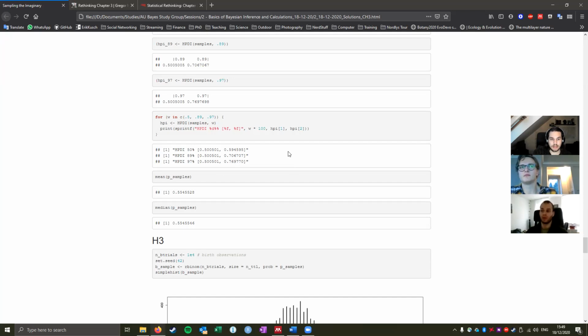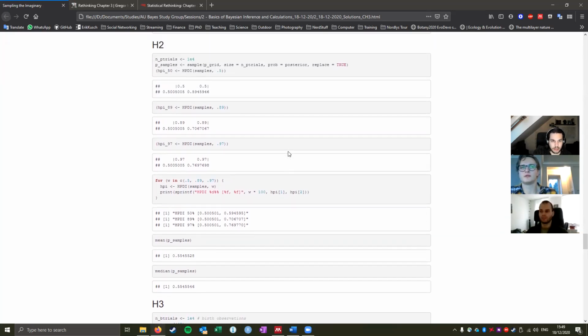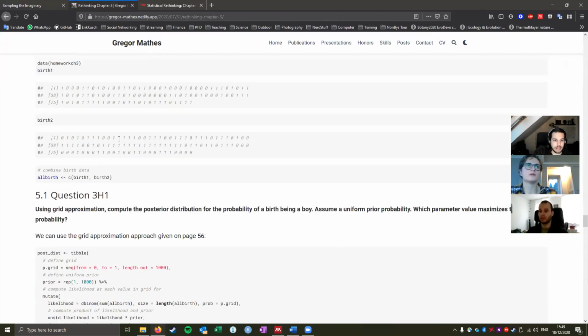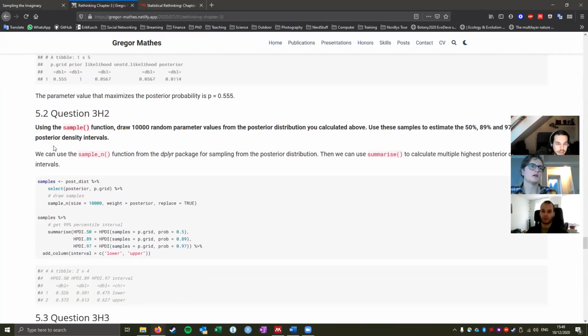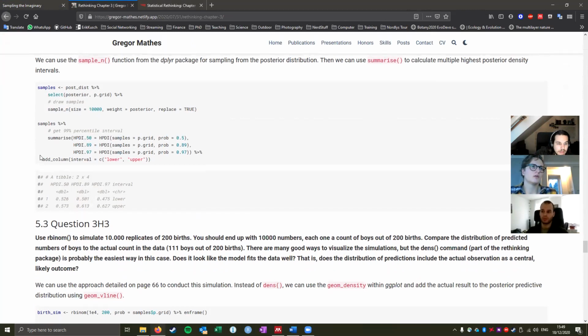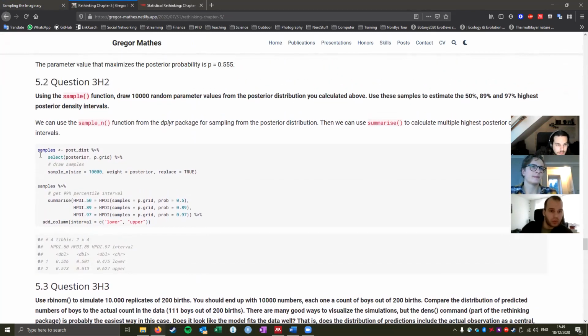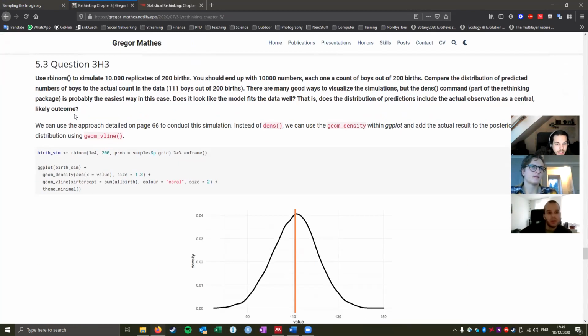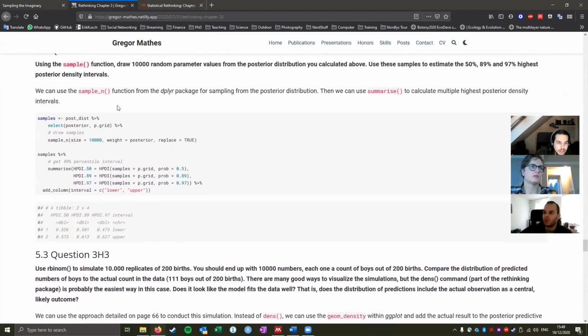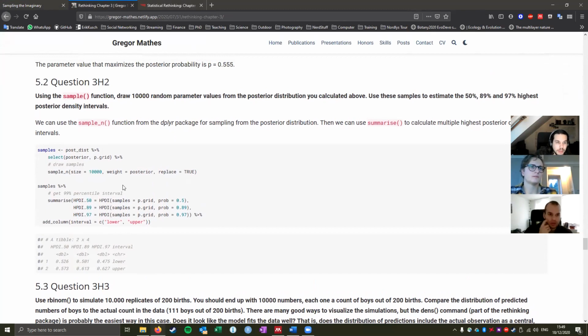Does it? Why? Okay. So let's have a look at your code right quick. Yeah. So my, well, where do H3, right? No, sorry, H2. So basically just the same approach, where we sample from the posterior with size 10,000.